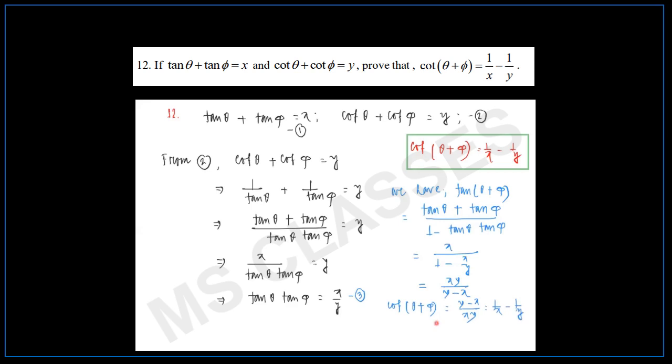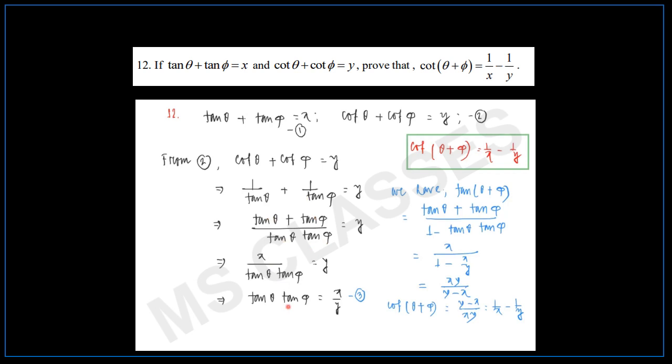Here what we have done: tan theta plus tan phi is x, cot theta plus cot phi is y. Now cot theta we can write as 1 by tan theta, cot phi is 1 by tan phi, equal to y. If we take the LCM, tan theta plus tan phi by tan theta tan phi, this is x by tan theta tan phi.